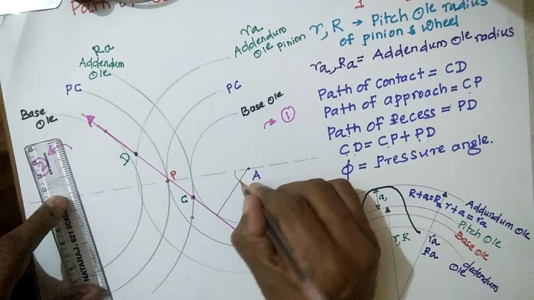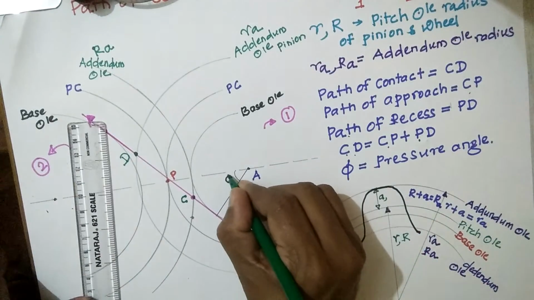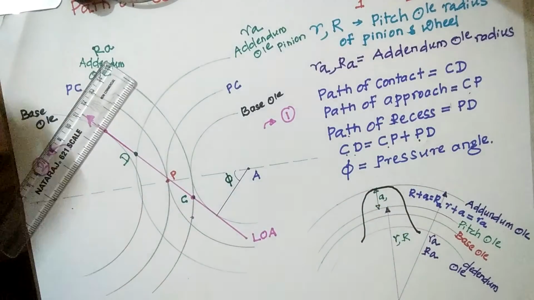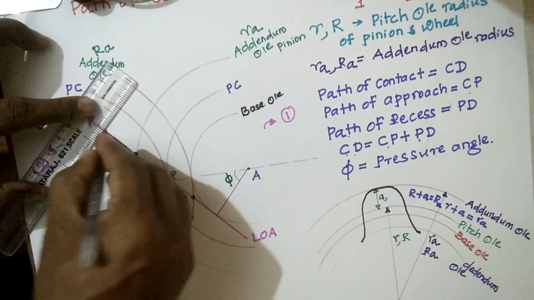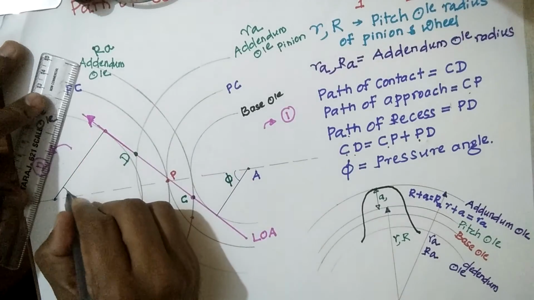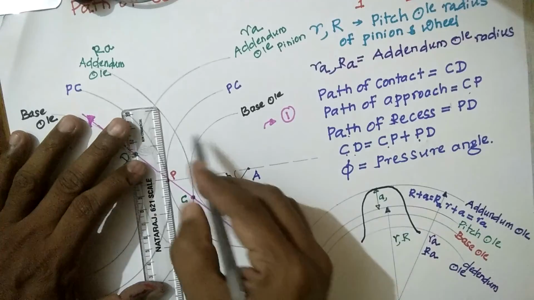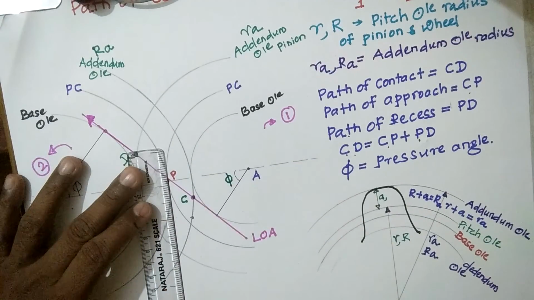I'll take it as phi. Here also I'll draw that. It is a tangent where it makes a tangent to the base circle. This is nothing but the phi angle. We can represent phi here also. Look at this one. We can represent phi here also.